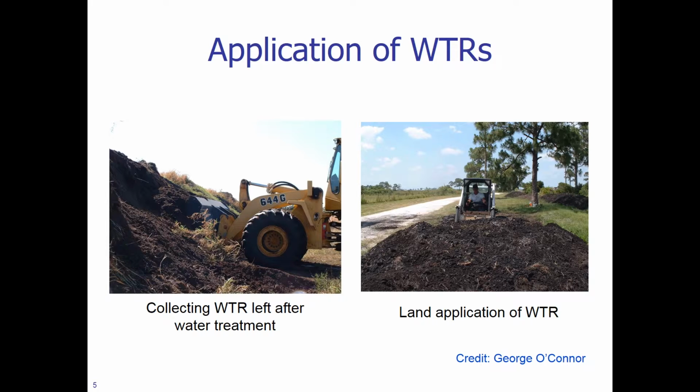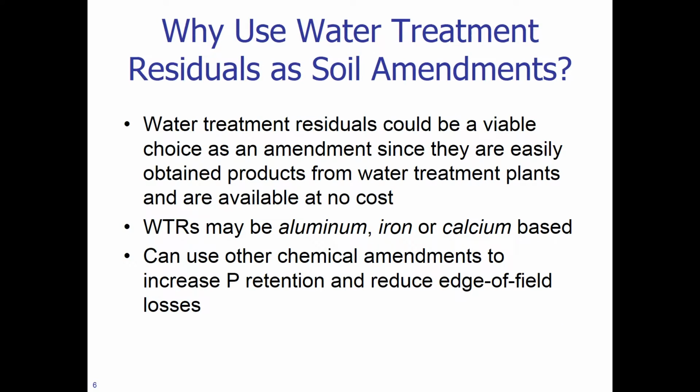Application of water treatment residuals. You will see the picture on the left is collecting WTR that is left after the water treatment, and on the right is the land application of the WTR. The question then is, why use water treatment residuals as soil amendments?